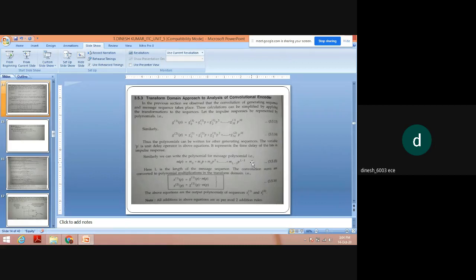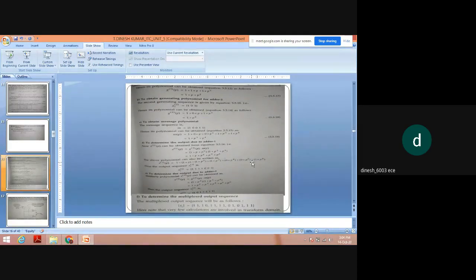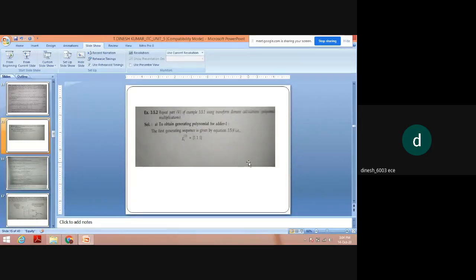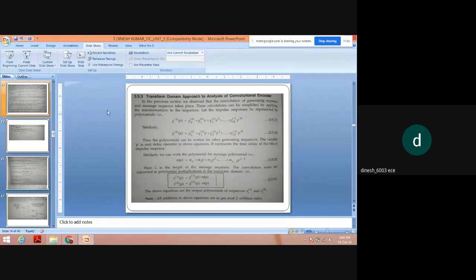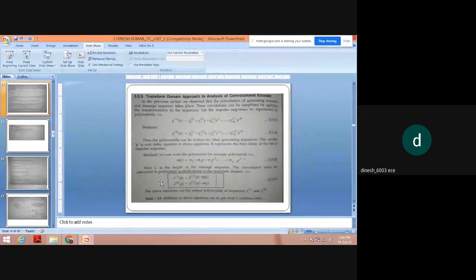Okay, so the transform domain analysis will solve another problem which would be somewhat easier in solving as a manipulator. As a manipulator, this would be easier as compared to that.